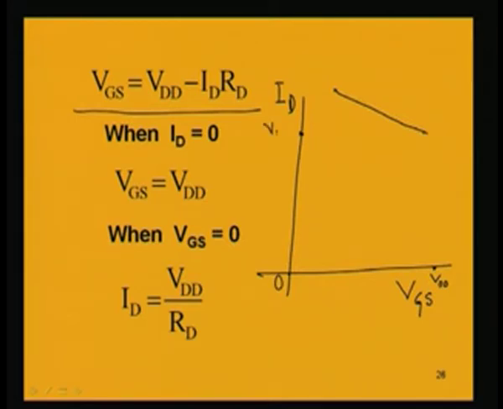So, VDD by RD is one extreme point and the other extreme point is VDD. Combining these two, we get a straight line. So, we get from this equivalent circuit a straight line, which is like your load line when we are discussing the BJT amplifier.